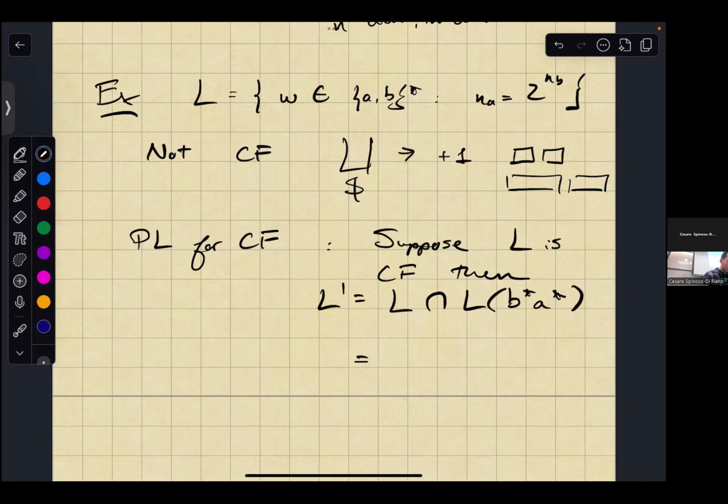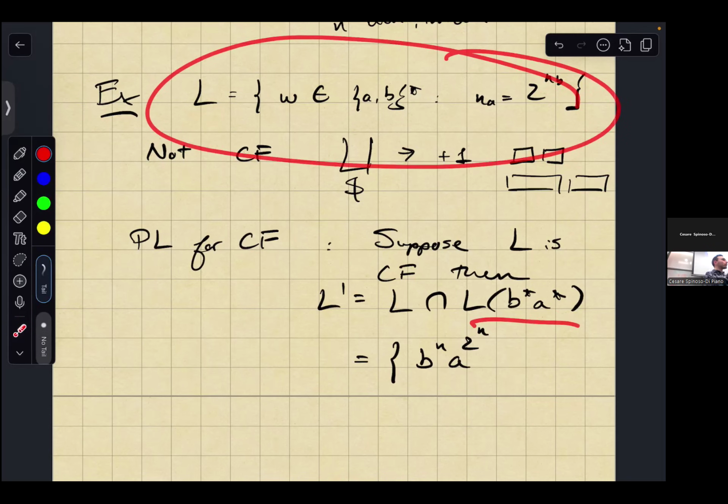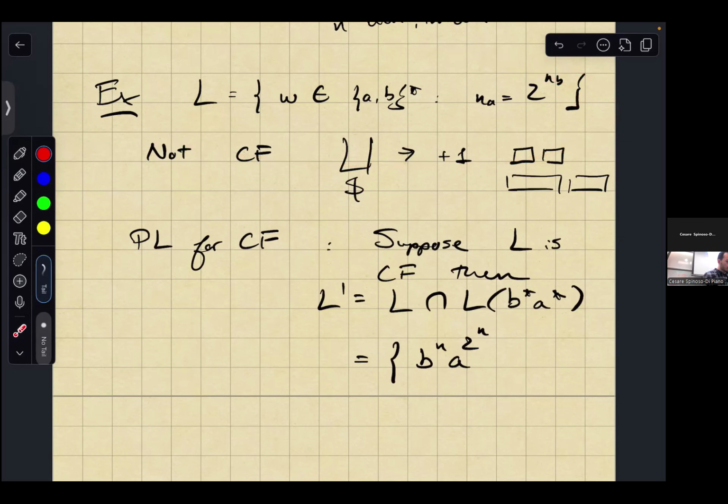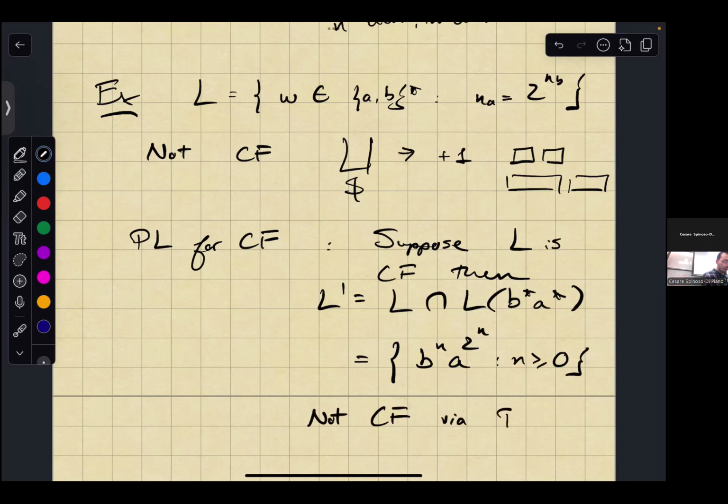So this means that B^n A^(2^n), which is just taking all of the strings in here and then filtering the ones that have B's and then A's, should also be context-free, right? But then you can show that this is not context-free via a pumping lemma argument. And this actually simplifies your cases a bit more. So I recommend this trick if it ever happens that you need it.